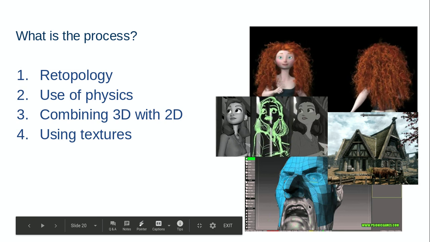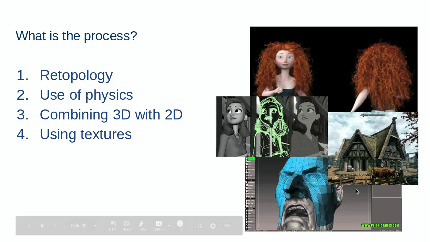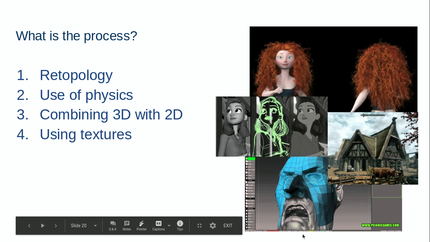So you might get a game designer who creates a really high res character that's not going to be efficient in a video game, and therefore that high res model needs to be retopologized. It needs to be remodeled with a low poly skin, and then the detail is transferred from the high poly model to the low poly model via the use of textures. So that I'd like you to research.